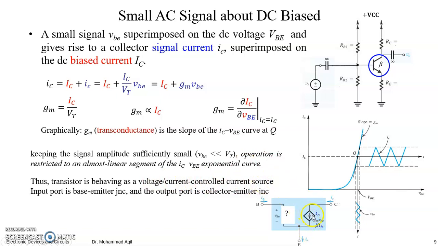So we have a current source at the collector-to-emitter junction, the output junction, and it is controlled by a voltage at the input port, which is the base-to-emitter junction, right? So we have a voltage controlled current source.